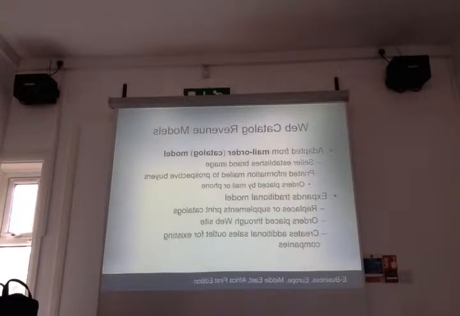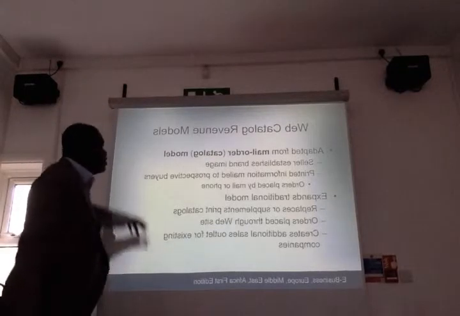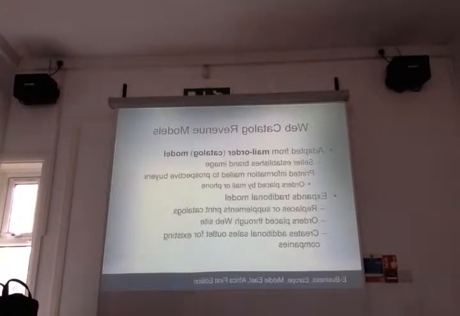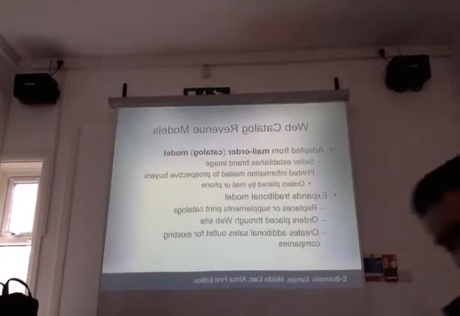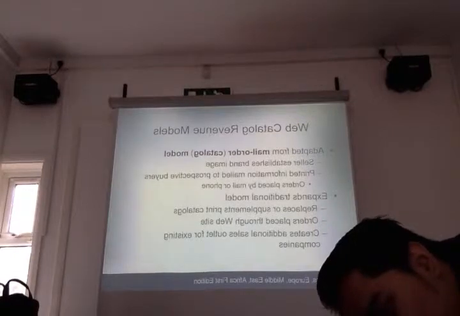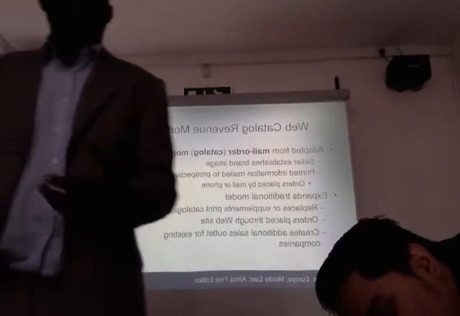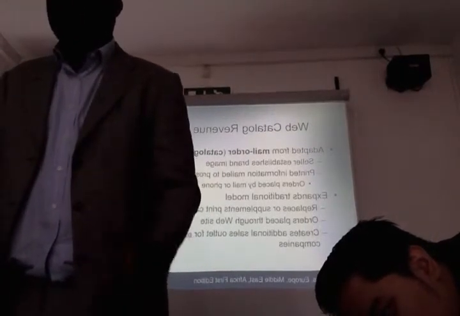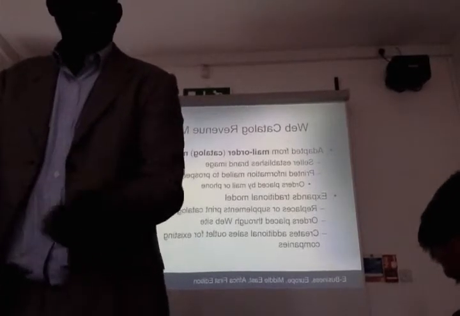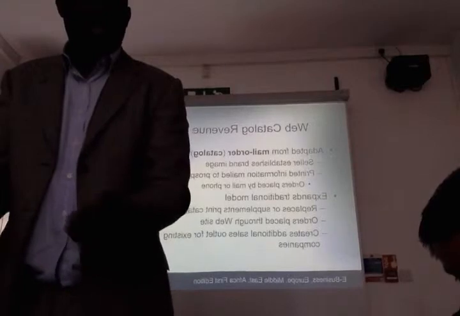Okay. The original web catalogue came from the old school mail order catalogue model. Now the old school mail order catalogue model, I don't know if you had it in Brazil, but what we used to have years ago was you would get a catalogue through the door and it would have pictures in it of products and services, yeah?